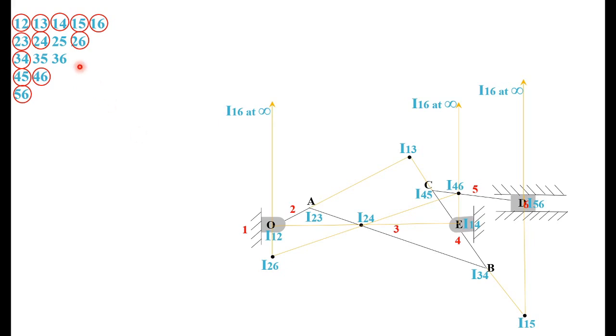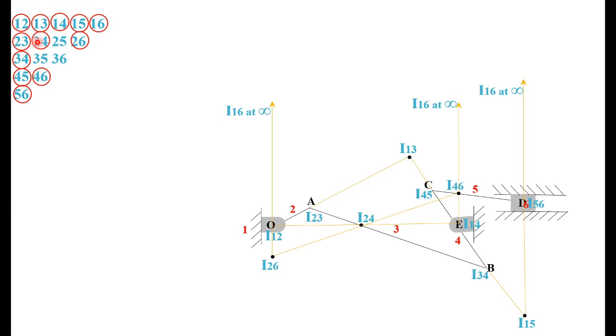If you take 2 4 5, the centers are 2 4, 4 5 and 2 5. That is possible because we located both 2 4 and 4 5. So you can locate 1 2 5 and 2 4 5.